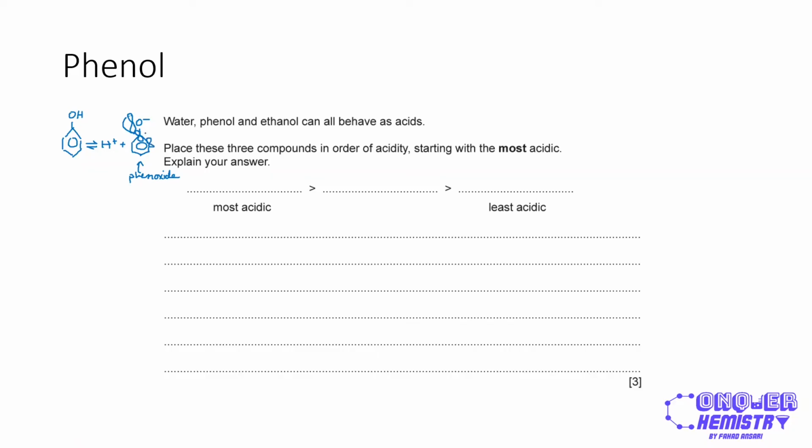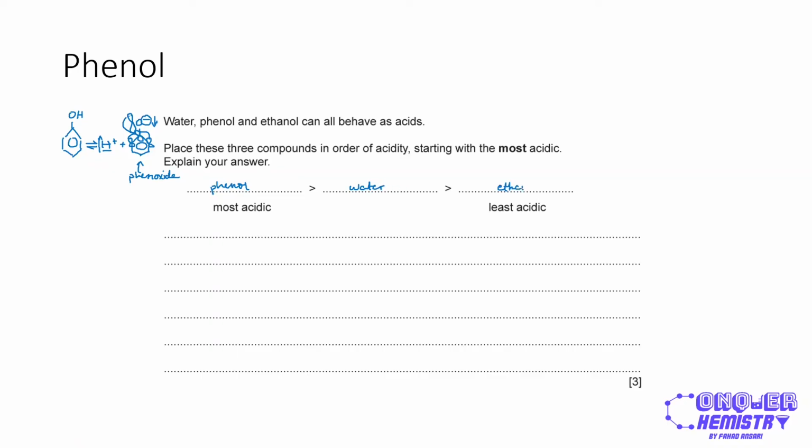Because it overlaps partially with the pi bonding ring of benzene, the lone pair gets delocalized, and so the negative charge on the oxygen atom, its charge density goes down, and so it is less attractive to the hydrogen ions, and so the concentration of the separated hydrogen ions in solution remains high, and so it is the most acidic out of these three substances that we have been given, and water comes in the middle, and ethanol is actually the least acidic.